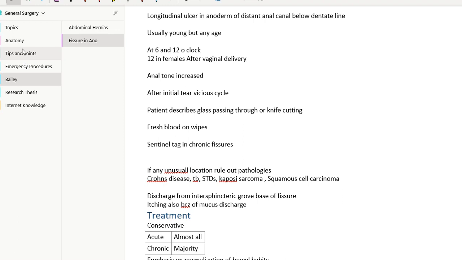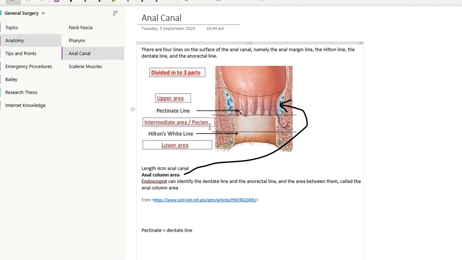So let's go back to the anatomy, and I will show you a small thing which you should know. There is an internal sphincter, okay, and at this internal sphincter the blood vessels pass through, and due to increased anal tone ischemia develops, and when this ischemia develops the healing is compromised.